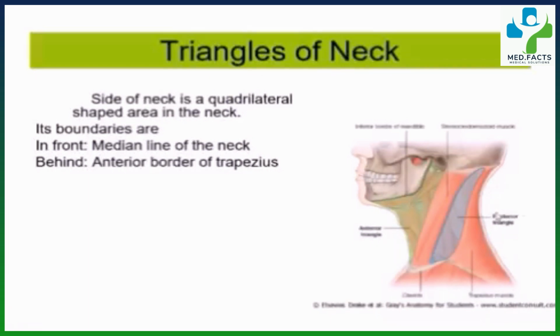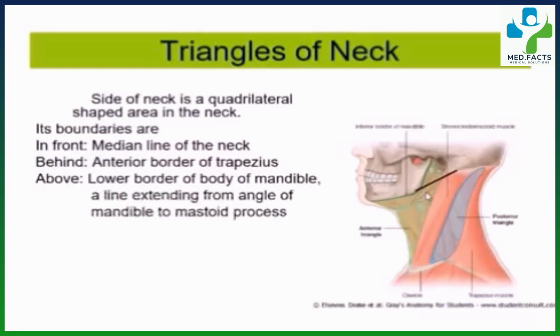Behind we have an important large muscle of the back, called the trapezius. The anterior border of the trapezius will form the posterior boundary of this area. Then above, we have the base of the mandible, and it is not complete, so it is completed by an imaginary line extending from the angle of the mandible to the mastoid process.